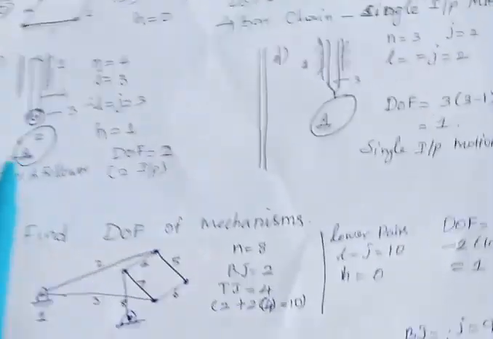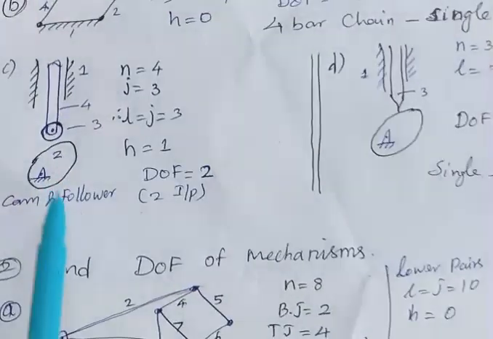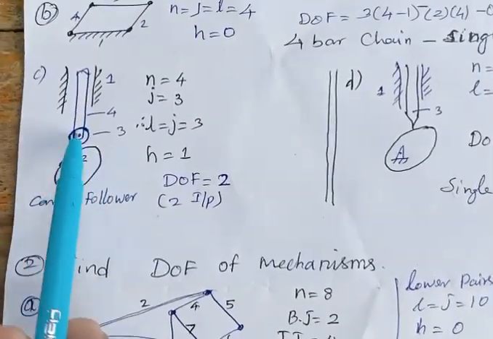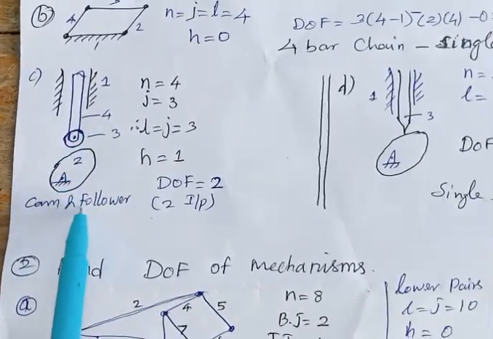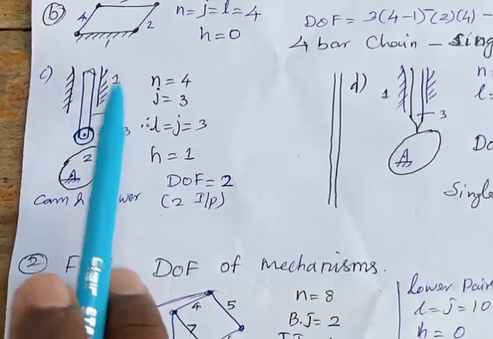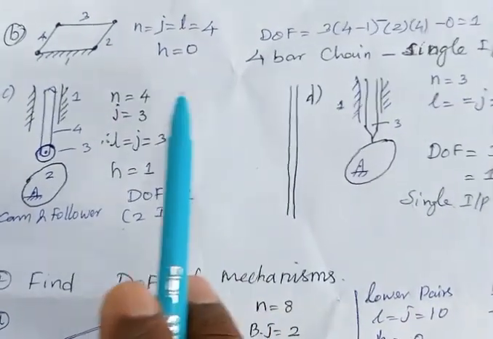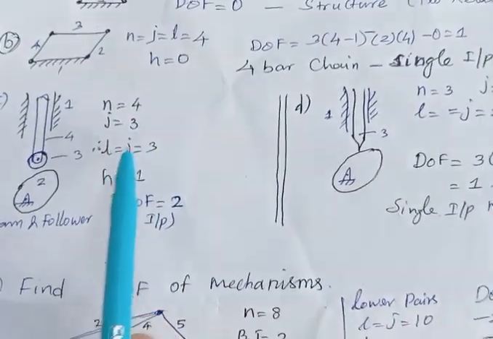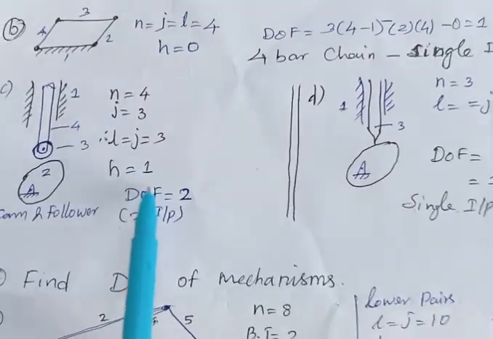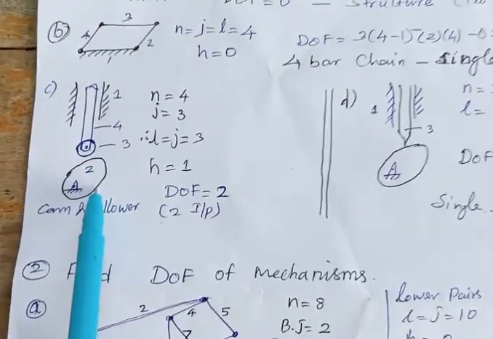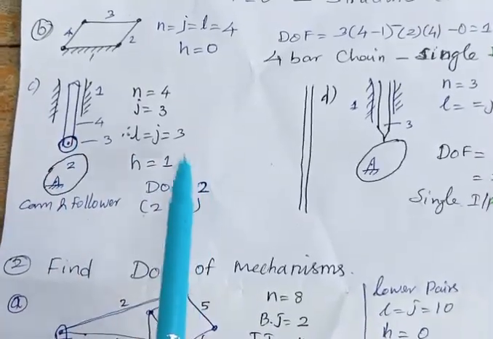Here is a mechanism with a cam and follower. What are the links? This is the roller follower, this is the cam, and this is the frame, number 1. So the number of links n = 4, j = l = 3, and h = 1. Where is h? Between the roller and the cam we have a higher pair, h = 1.